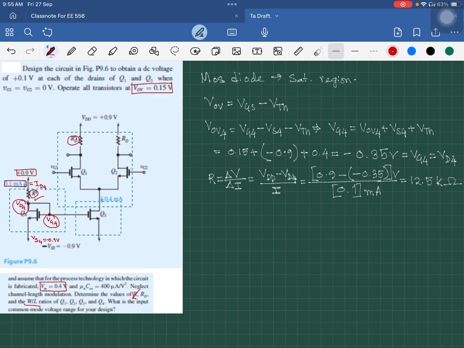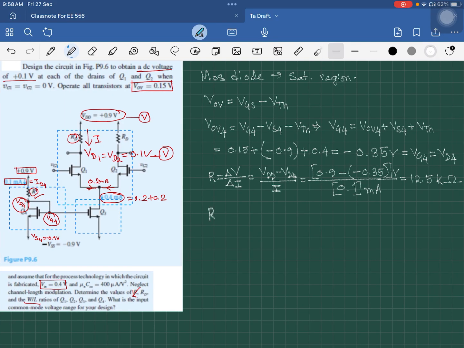Now we have to solve this RD. Here VDD is given, but ID is not given. If you see the question, you can see there is a DC current given.